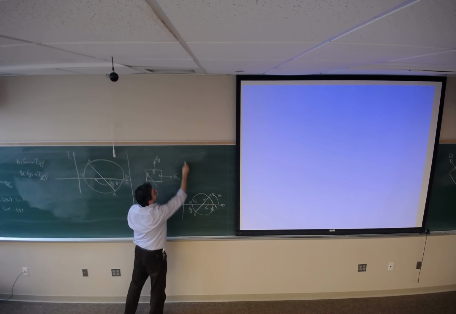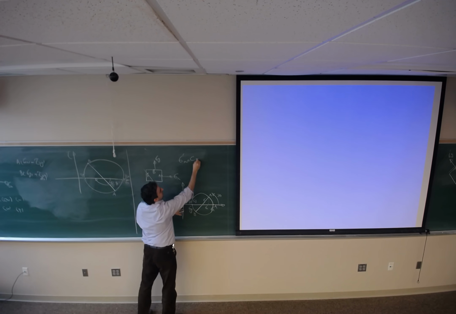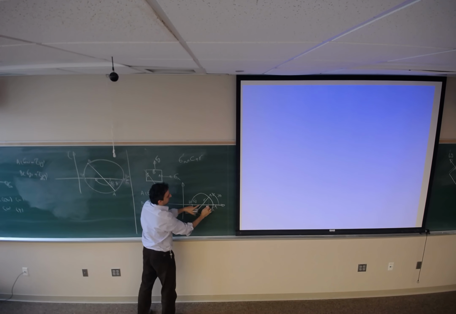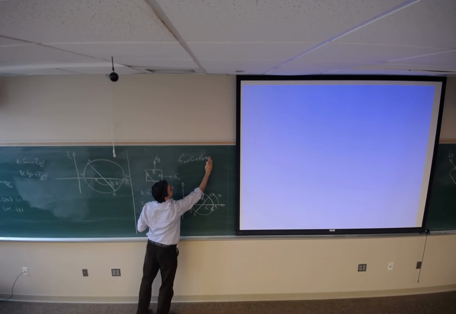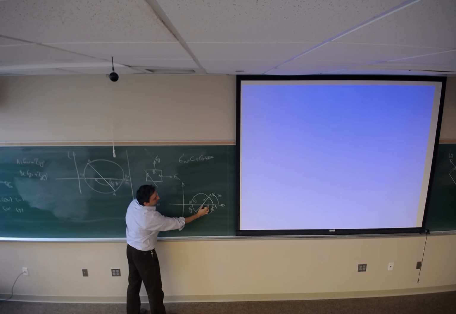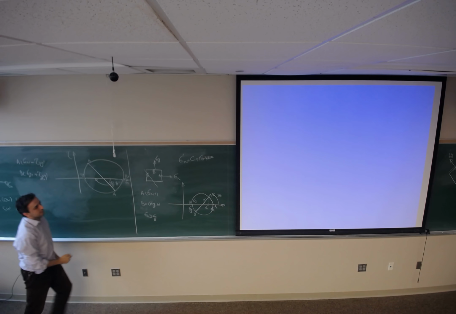So sigma prime x is center plus r cosine of 2 theta. It's going to give me sigma prime x.